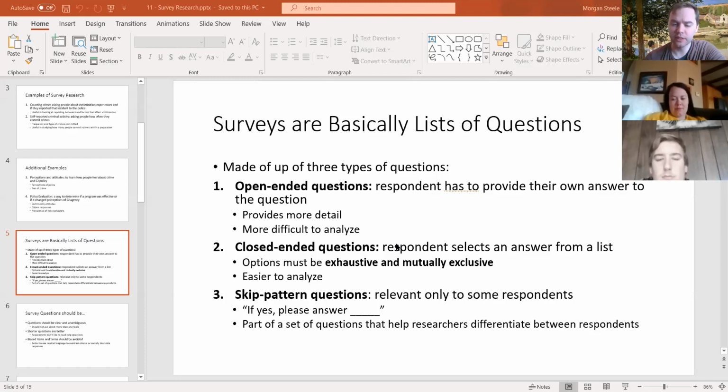So something like that would be, have you ever been a victim of a crime? Yes or no? If yes, answer question 2. Make sense? So this allows researchers to differentiate between respondents. These people said yes, they get these questions. These people said no, they get these other questions. Everyone with me so far? All right.